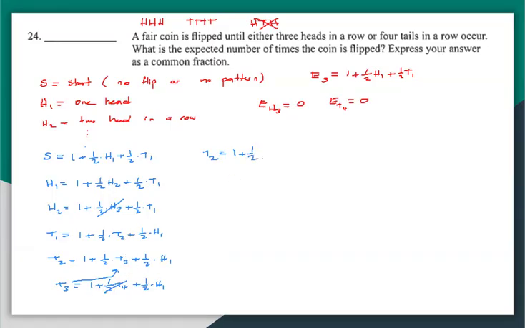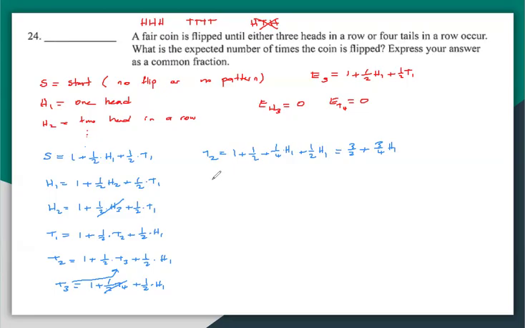If I multiply this equation by 1/2 and then replace right here, you get 1/2 plus 1/4 times H1, plus the original one, and then plus 1/2 H1. So we have 3/2 plus 1/4, and this is 2/4, which gives us 3/4 H1. So we got T2 in terms of H1, which is good.